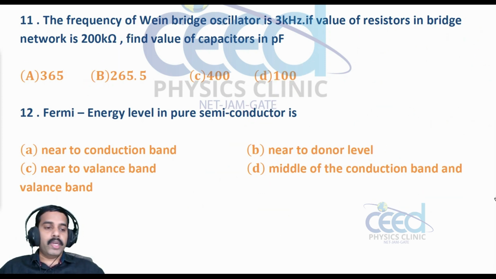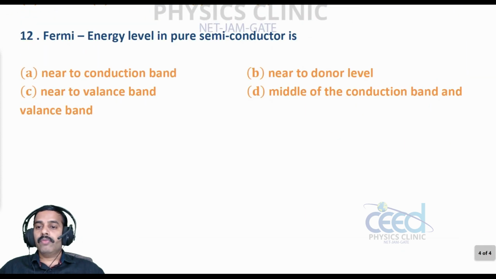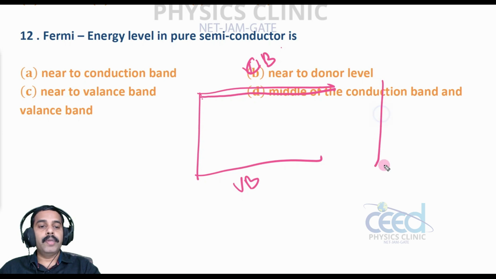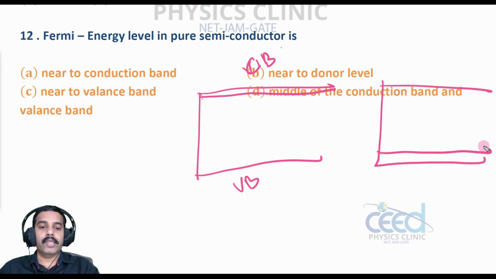Now the final question is the Fermi energy level in a pure semiconductor. We already studied in n-type semiconductor the Fermi energy level, here is my valence band, conduction band. In n-type the Fermi energy is near the conduction band. In p-type it is near the valence band.